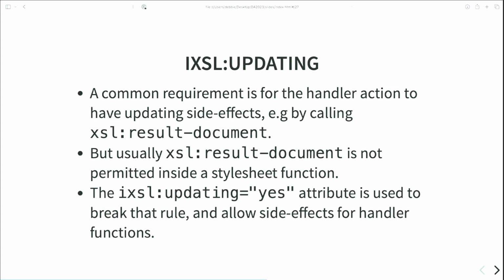But we can fix this ourselves because Michael K said we could. We can break that rule by sticking on this new attribute, and for these specific functions we will allow you to have result documents because we know that's the sort of thing you'll want to do. So we can break our own rules.